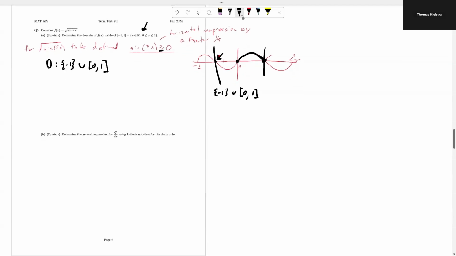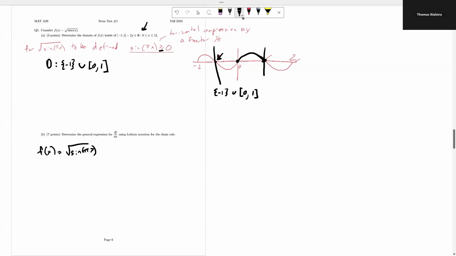And now we want to determine an expression for the derivative of this function using Leibniz notation and chain rule. Now with Leibniz notation, what we do is we start outside and replace with variables as we go along. So I have f of x equals root sine pi of x.